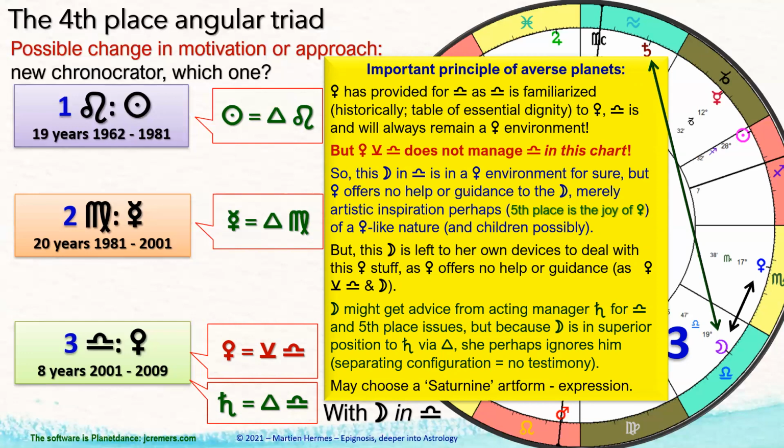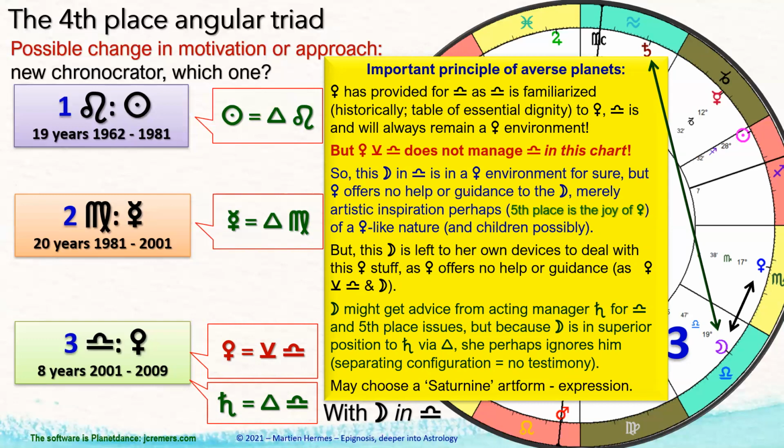Now, the moon might get advice from the acting manager, which is Saturn, but because the moon is in superior position to Saturn, she will overrule his information, his influence. So that's an interesting thing to have a look into. But you can perhaps also ignore him because she is separating from her contact with him, which in ancient parlance is called no testimony.